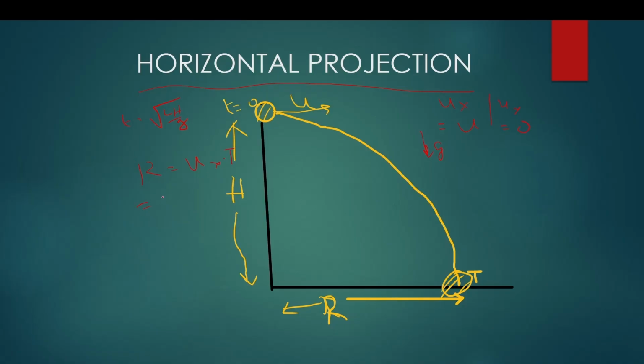We already knew that ux equals u and t equals root over of 2h upon g. So these two are very important formulas: the time of flight t equals root over of 2h by g, and the range of the horizontal path R equals ux into t, that is u times root over of 2h by g.